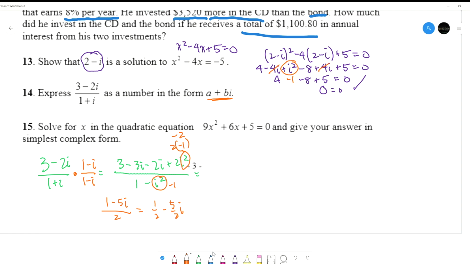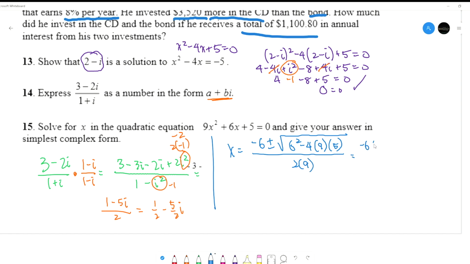Okay? And then 15, this looks like it's just quadratic formula. So quadratic formula is x is equal to negative b plus or minus the square root of b squared minus 4 times a times c over 2a. So let's see here.